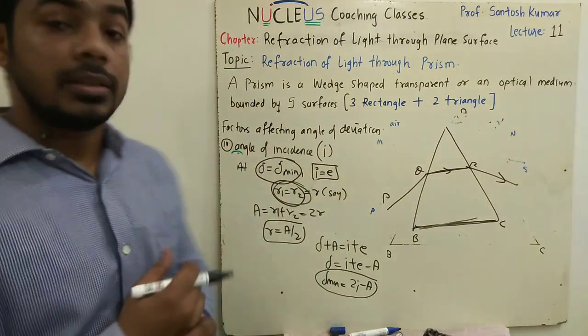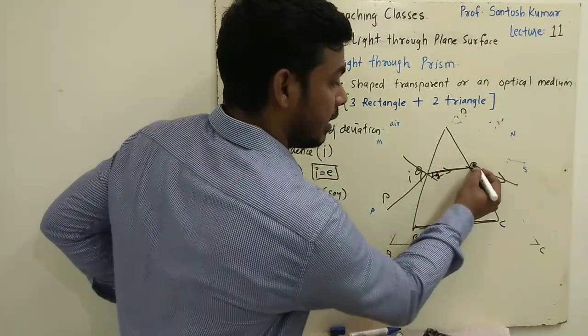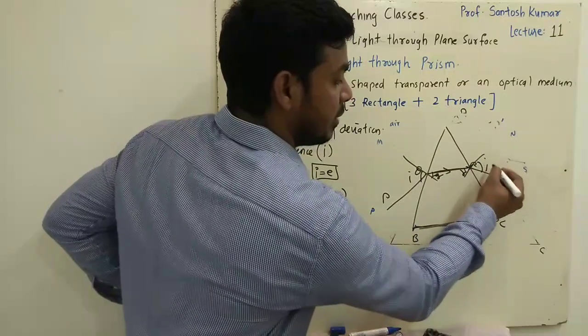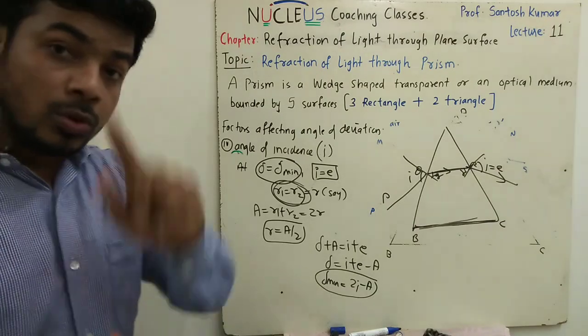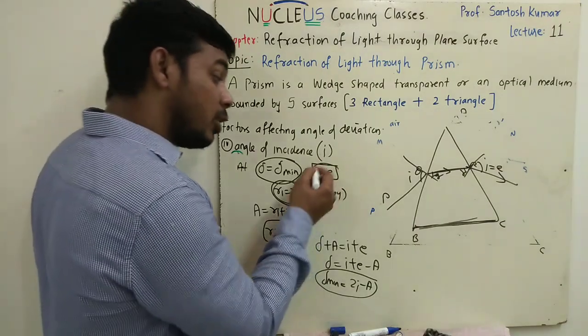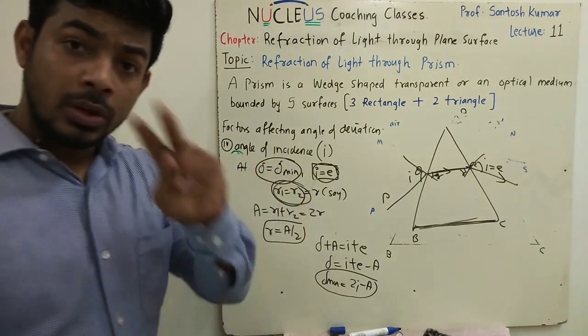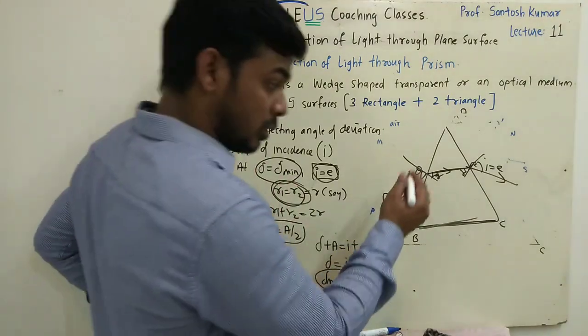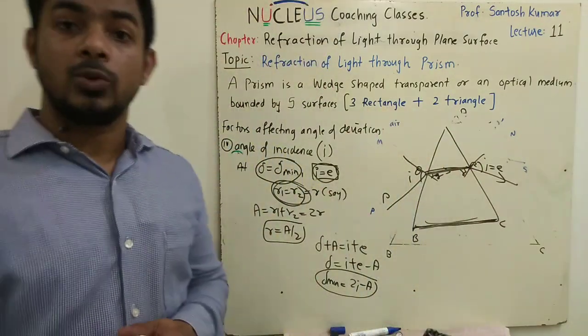These are certain things you need to remember, because here this is I, this is R, this is R, so again this becomes I, which is equal to E. So what happens at the minimum deviation? Two things you need to remember. The angle of incidence is equal to the angle of emergence, so that R1 is equal to R2. The second most important thing is that the refracted ray is parallel to the base of the prism.